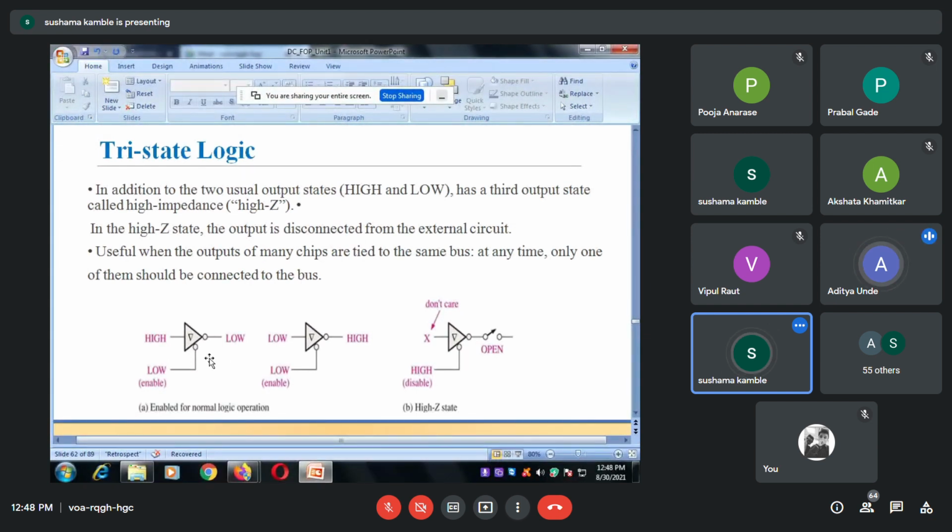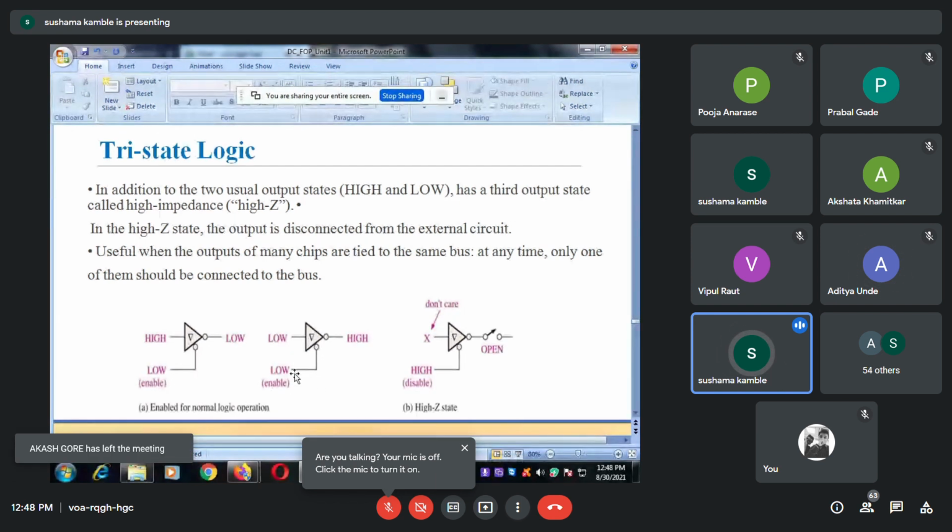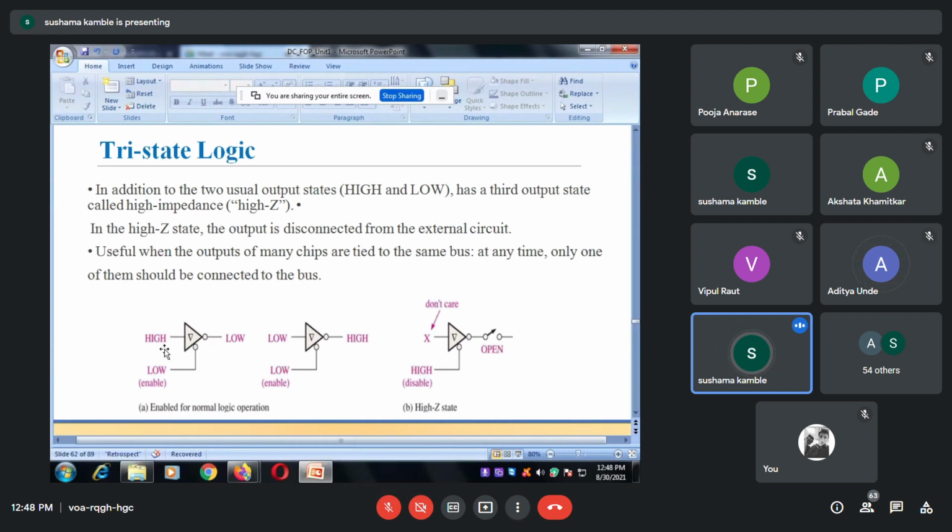So see this diagram. This is the high given to this and enable, that is low. There is one more input, this is called E or enable. This is remaining low. Here it is also remaining low. So for the buffer or inverter circuit, whenever you apply high, you will get low at the output. Whenever you apply low, you will get high output.